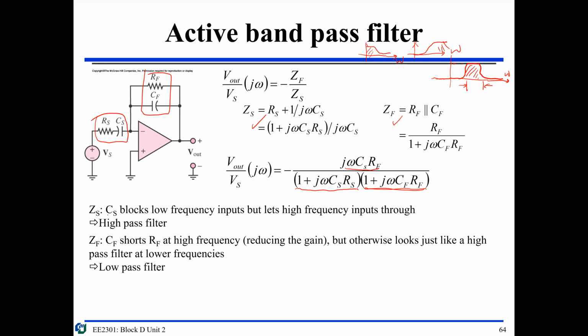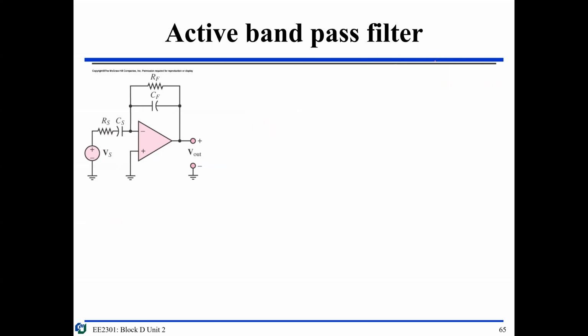The CS, this capacitor here, blocks DC or low frequency. So here it blocks, this is 0, and the high frequency inputs go through. So ZS is a high pass filter. ZF is a low pass filter, so high will stop, low will pass. Low pass times high pass, cascaded.